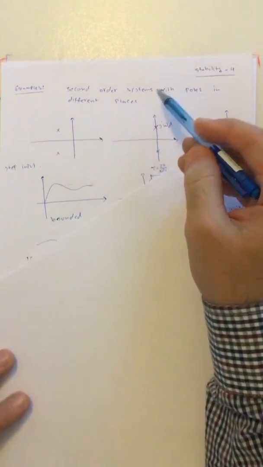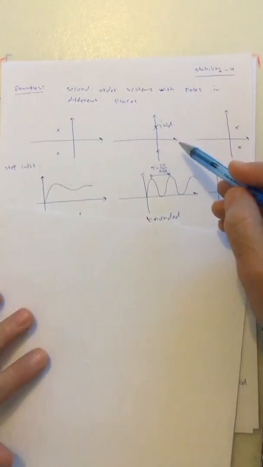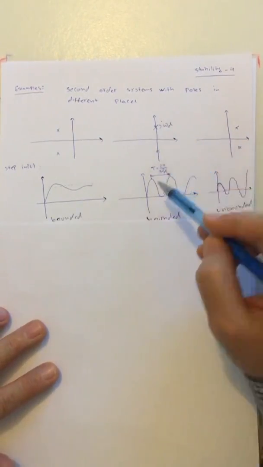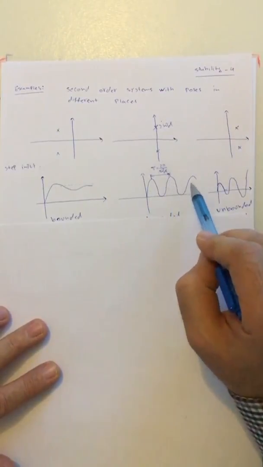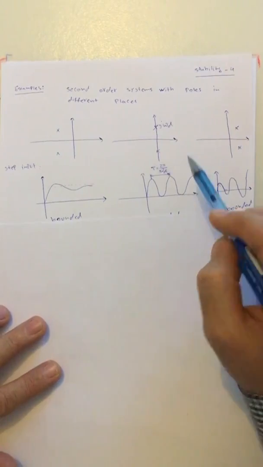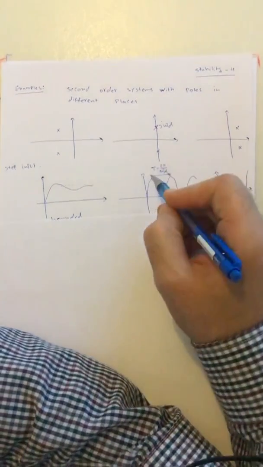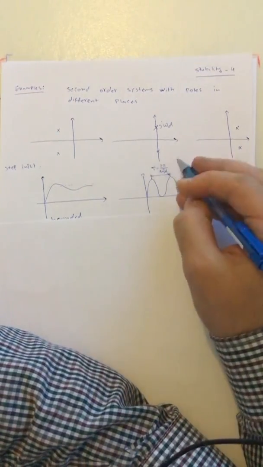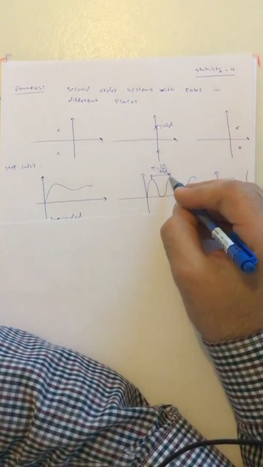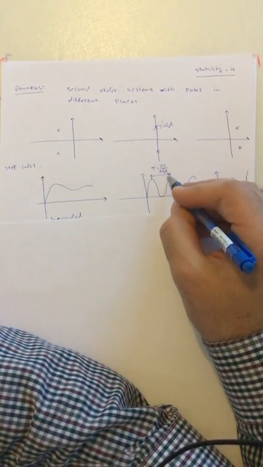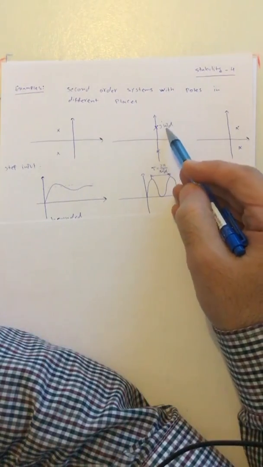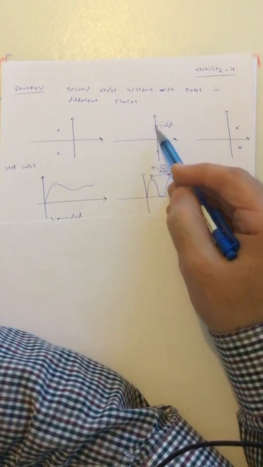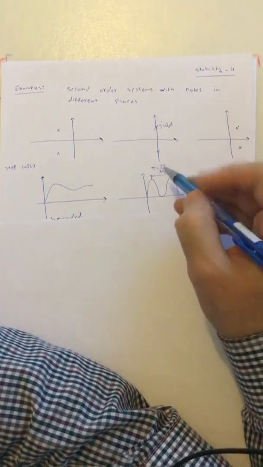If you apply a step to the second case, when the poles are on the imaginary axis, we saw before that the output is a pure sine signal. And if you remember, we said that the period of the sine wave is 2 pi over omega d, where omega d is the position of the pole on the j omega axis.